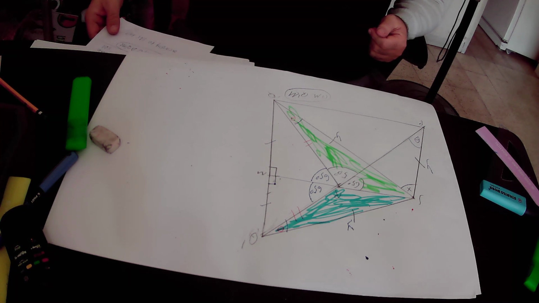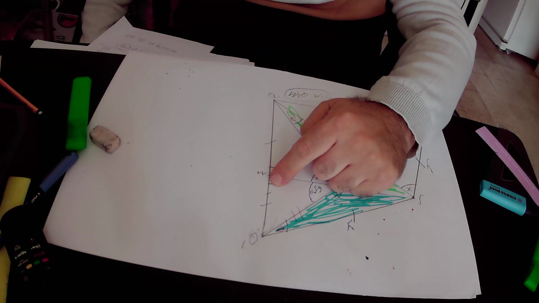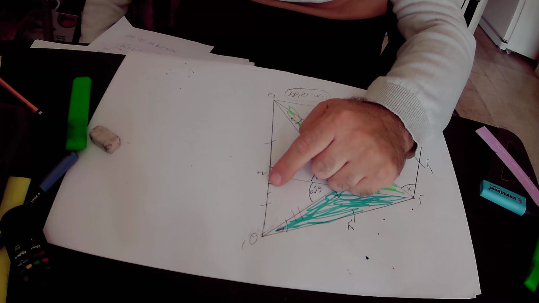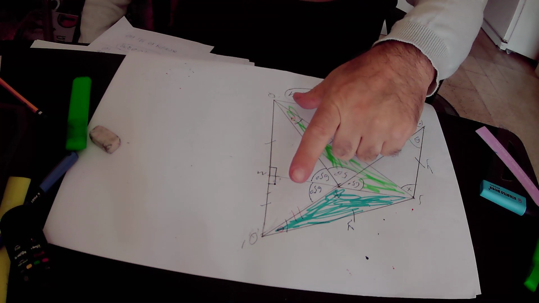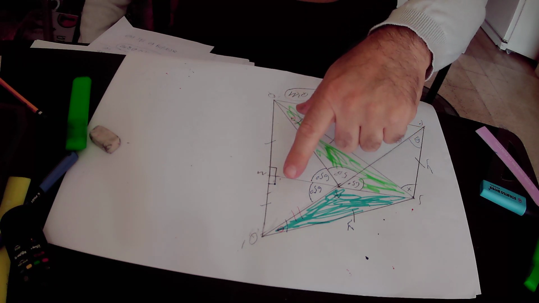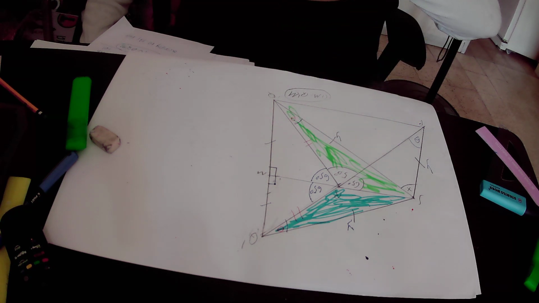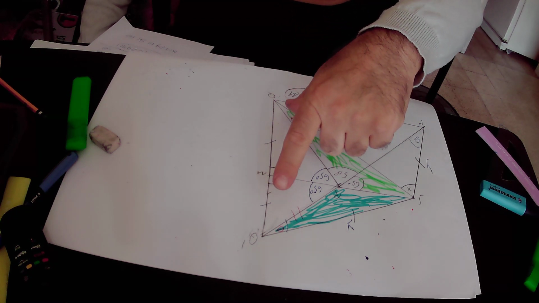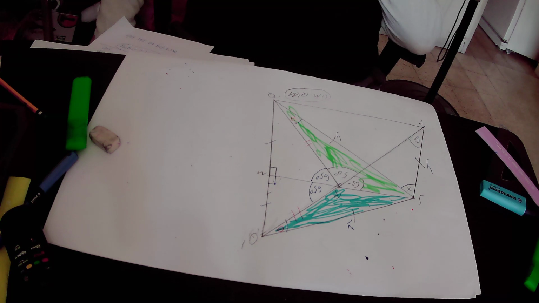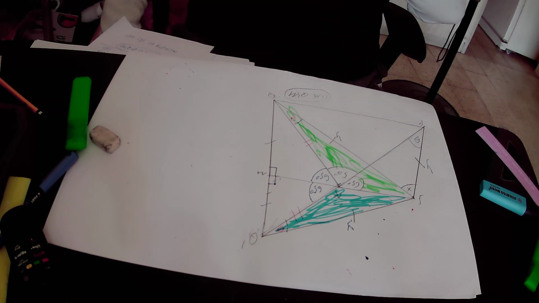And then, in order to find the value of this angle, we use the rule that states that, first of all, we know that QQ dash is a straight line because we extended QM by a straight line. And we know that the sum of the angles at any point along a straight line equals 180 degrees.